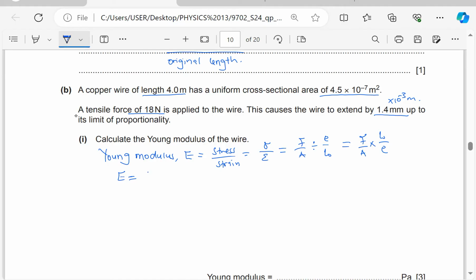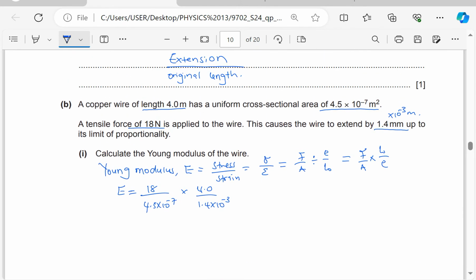So in other words, the Young modulus is actually force over area times original length over extension. So the force is 18 over the area, which is 4.5 times 10 to the power of minus 7, times the original length, which is 4.0, over the extension, which is 1.4 times 10 to the power of minus 3.